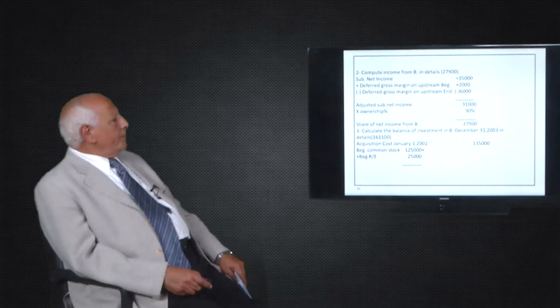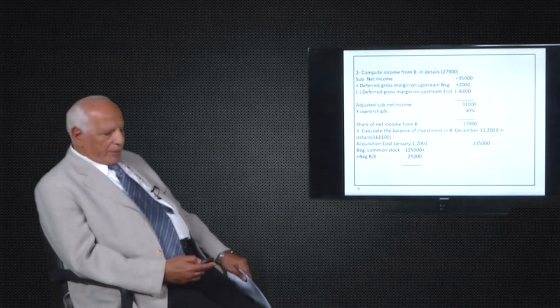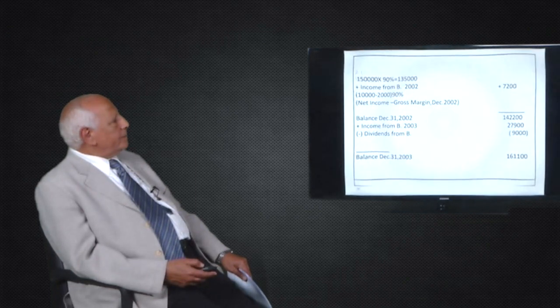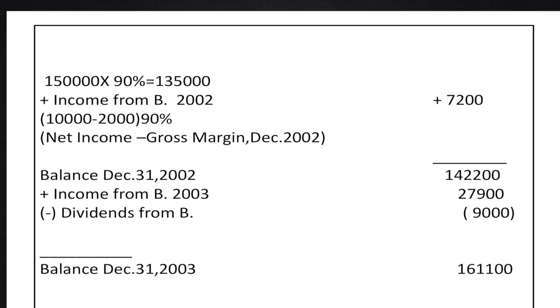And number 3: calculate the balance of investment in B, December 31st, 2003, in details. Where does this number come from? Start with acquisition cost, 135,000. This one here is 125 plus 25, 150, at 90%. Then the income comes to the end, and net income minus the gross margin gives you 142,200.